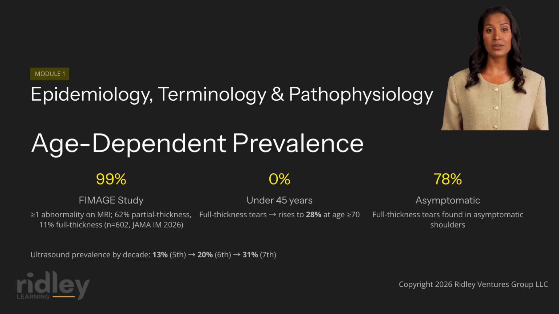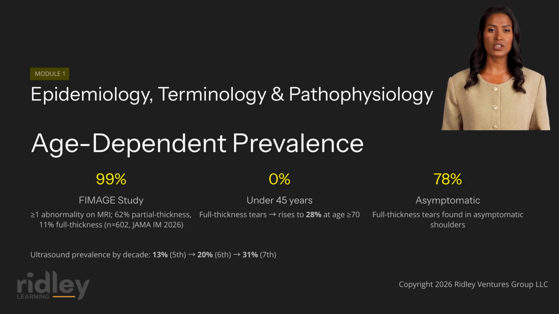Cadaveric studies line up with these imaging findings, showing a 19.9% prevalence of full-thickness tears and a 32% prevalence of partial-thickness tears in individuals with a mean age of 59 years. The FIMAGE study published in JAMA Internal Medicine in 2026 gives us the most thorough population-based MRI data to date.